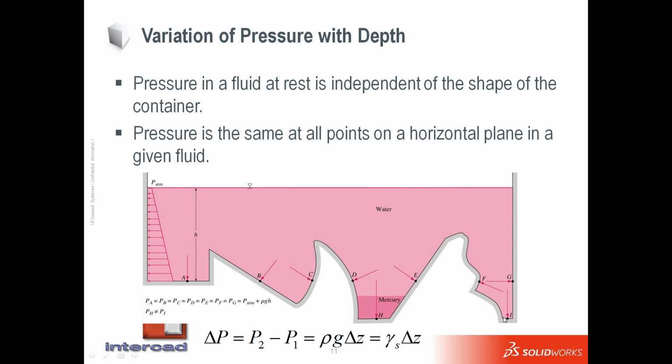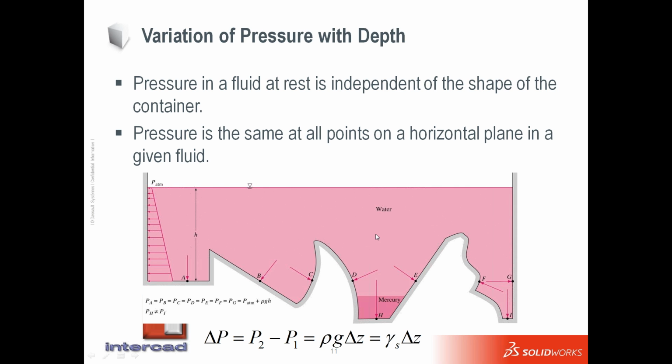Now, if we move to point I, as we go deeper, that delta Z, or the distance from the surface, is increasing, therefore we expect the pressure to rise. But the question is, do points I and H have equal pressure? The answer is no, because as you can see in that section, we have mercury, with more density compared to water.